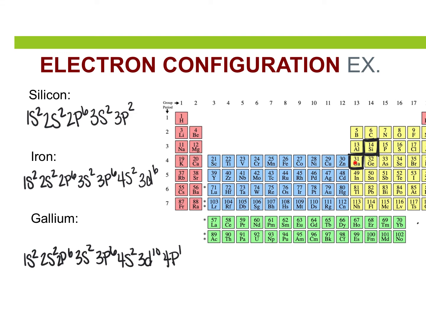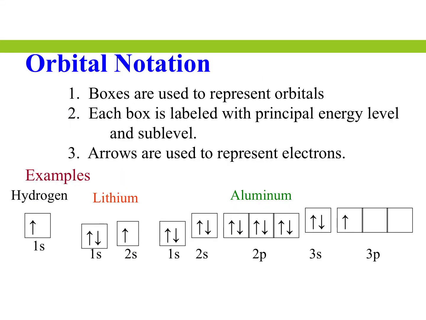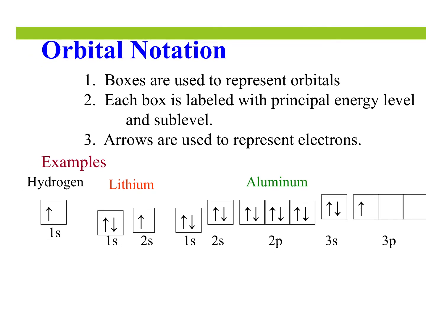Yup. Okay, so 4p1. Next, sometimes we can represent electron configurations with orbital diagrams. So on your page, copy down hydrogen here. And then if you finish hydrogen, also copy lithium.